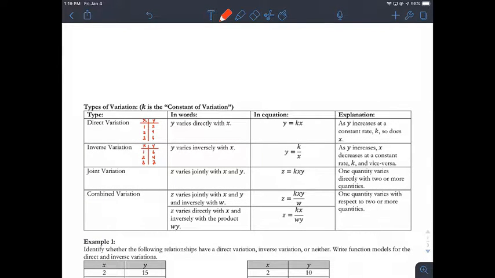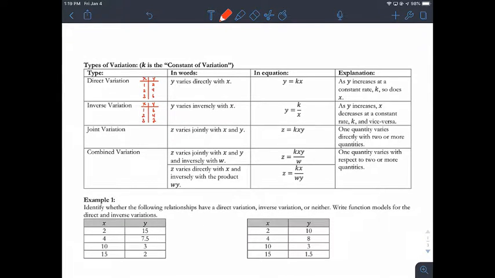Joint variation describes a case in which multiple variables are varying directly with another variable. So we're going to see multiple direct variation here.